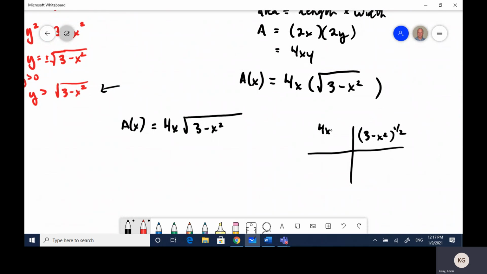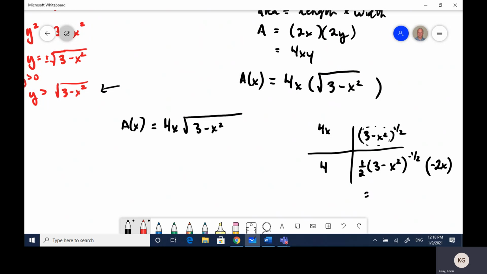Okay, so let's take the derivative of both parts. The derivative of 4x is 4, and the derivative of 3 minus x squared to the 1/2 power is 1/2 times 3 minus x squared to the negative 1/2. But this is a chain rule, so I also have to take the derivative of this inside function right here, and the derivative of that inside function is negative 2x.